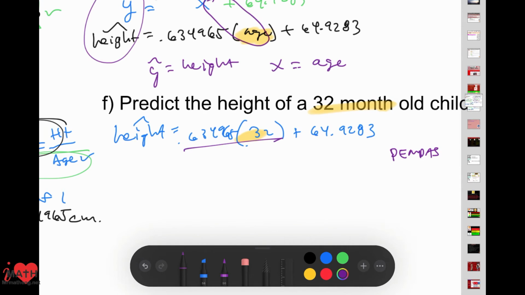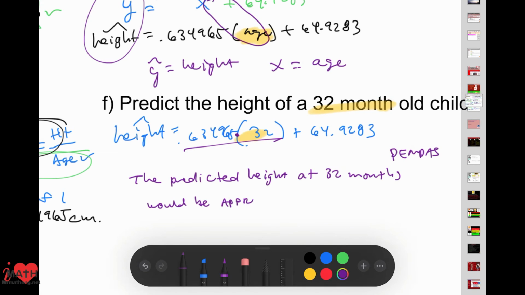You're going to multiply these two, multiplication, and then add it to 64. The predicted height at 32 months would be, okay, so I'm going to write this in capitals, because remember in statistics we're not 100% sure, right?